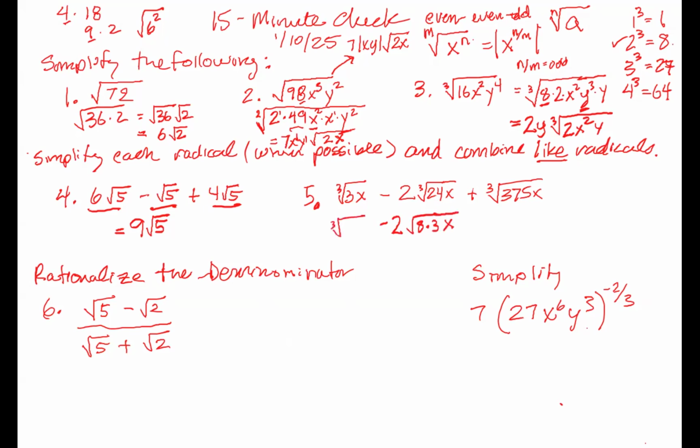I'm just going to rewrite this. So this 8 is going to come out as the cube root of 8, which is 2. And it'll get multiplied by the 2 that's already there. So now we'll have minus 4 times the cube root of 3x. Now they are like terms. So we'll be able to add them together.